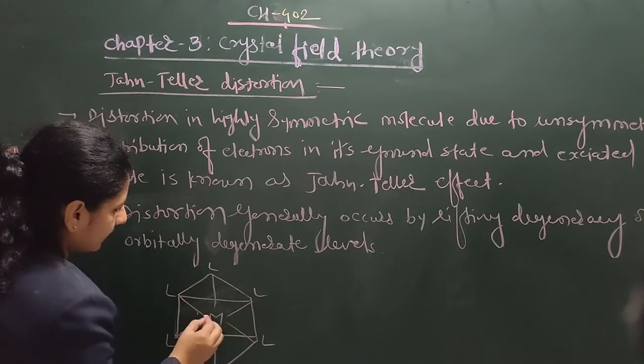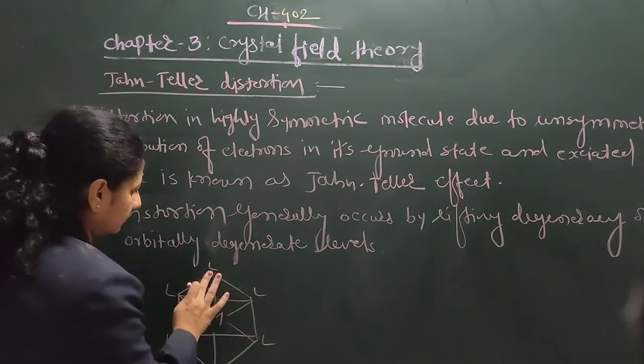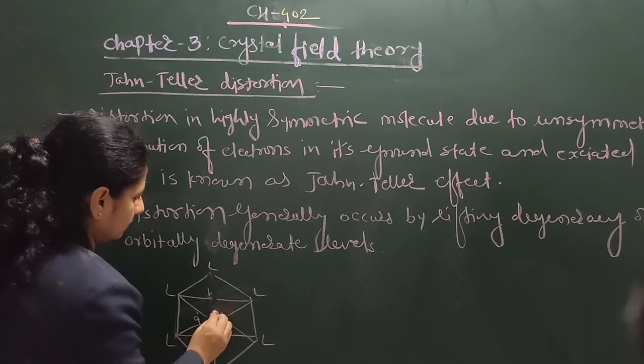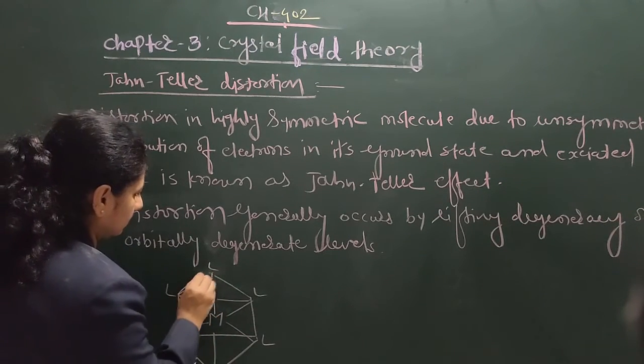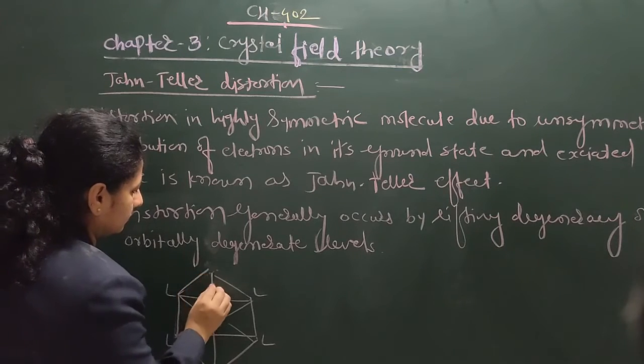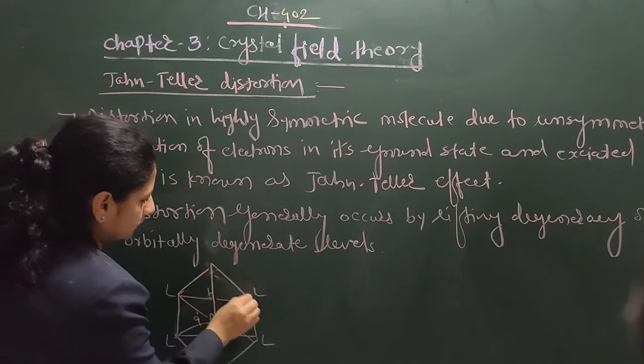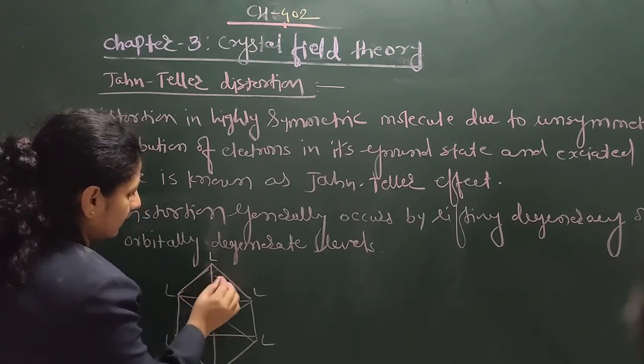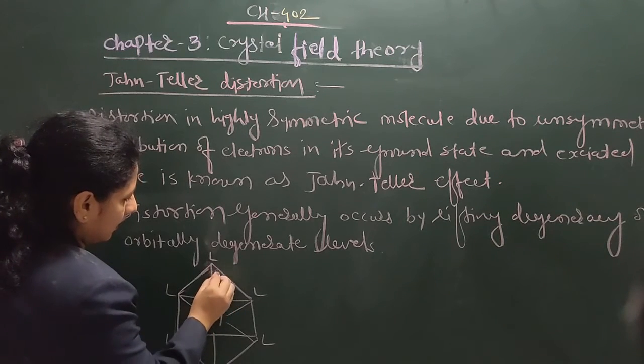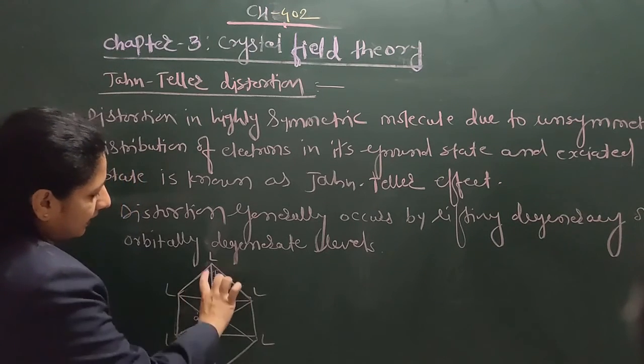There are 6 ligands here. This is the A length and this is the B length.